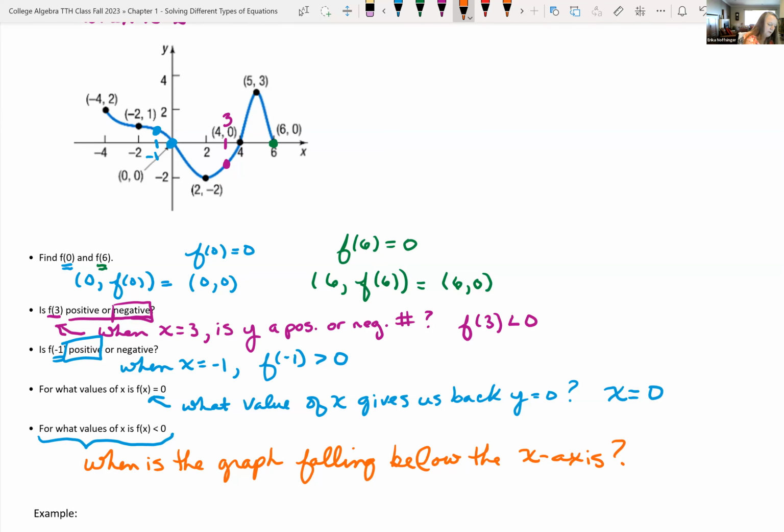There's only one piece where we're going below the x-axis. So we're looking at the x values that give us y values below the x-axis.